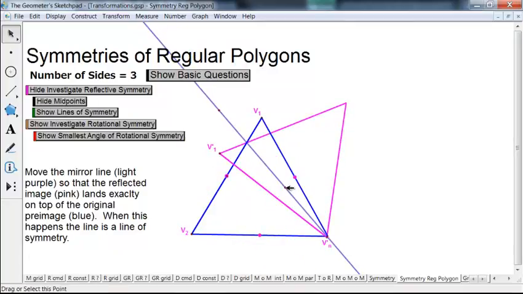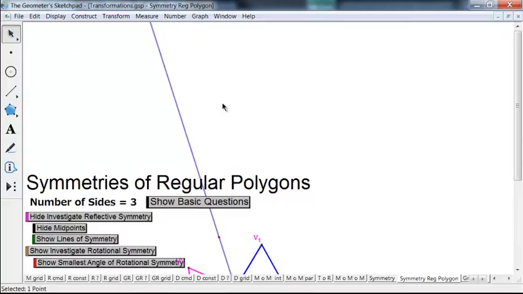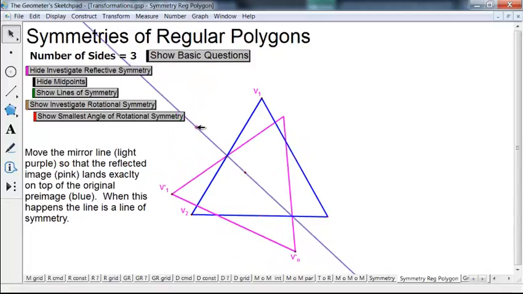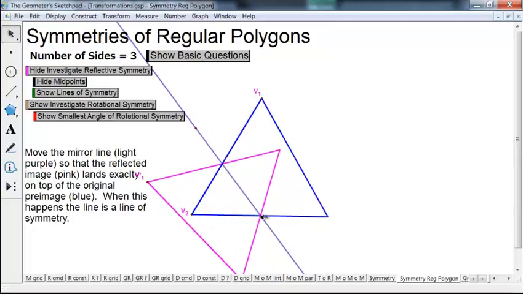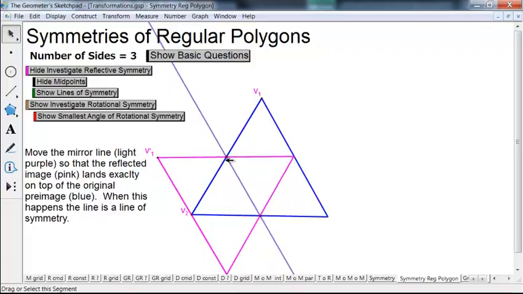What if I connect up a line going from, say, midpoint to midpoint? Does that give me a symmetry here? No, I don't believe that's going to. That doesn't map pre-image to image collectively, right?